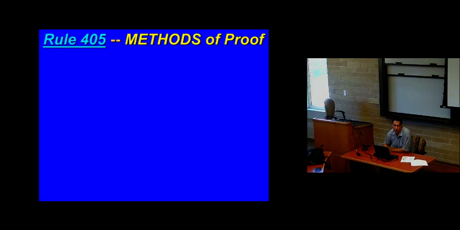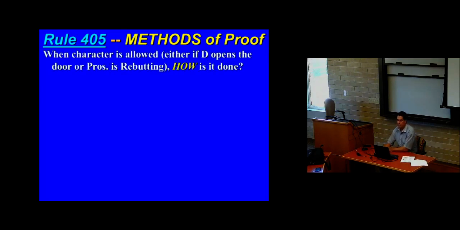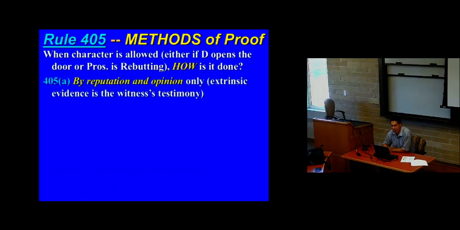And that's Rule 405, the methods of proof. When character is allowed, either if the defendant opens the door, or the prosecution is rebutting, or the prosecution has been given the keys to the door, how is it done? Rule 405 says, by reputation or opinion only.